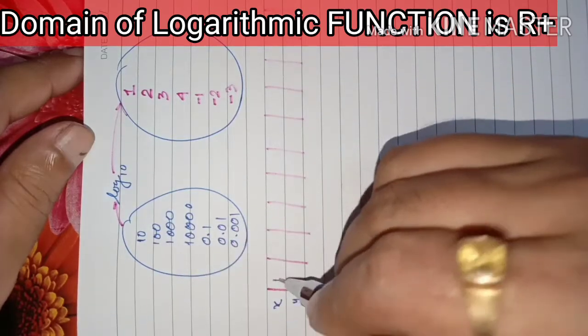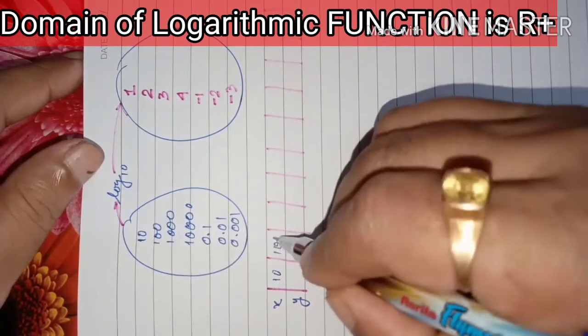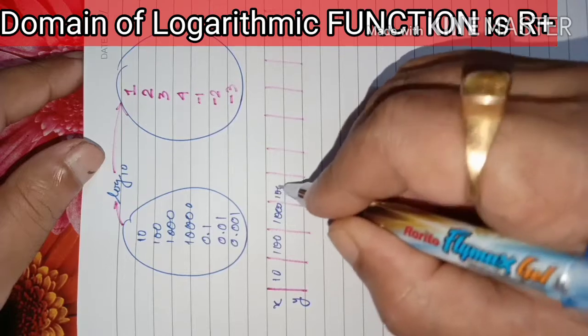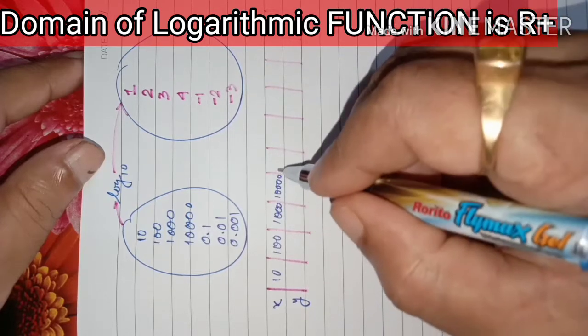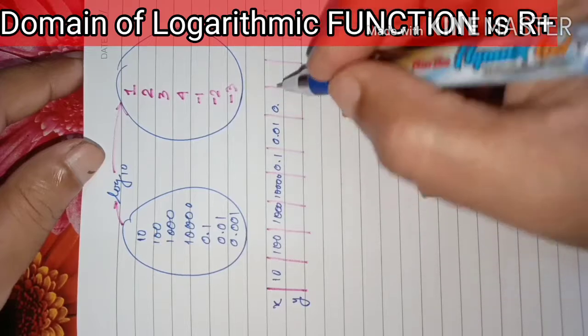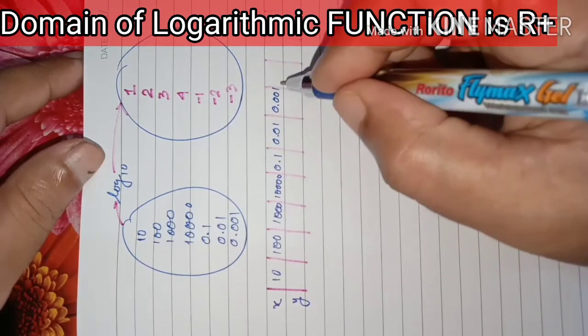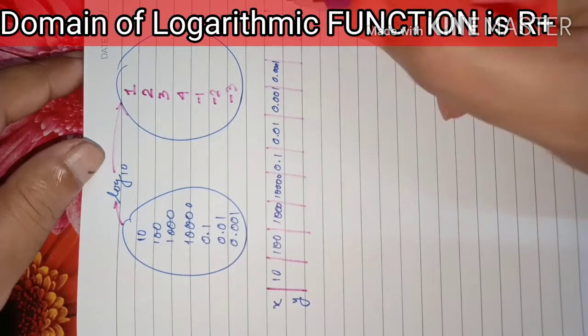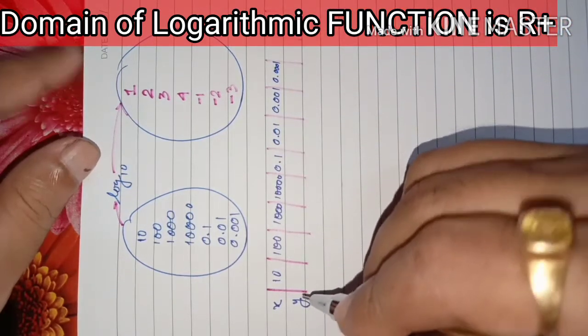So x equal to 10, 100, 1000, then 10,000, then 0.1, 0.01, 0.001, 0.0001, like that you go on putting, and the y values will be just like this.